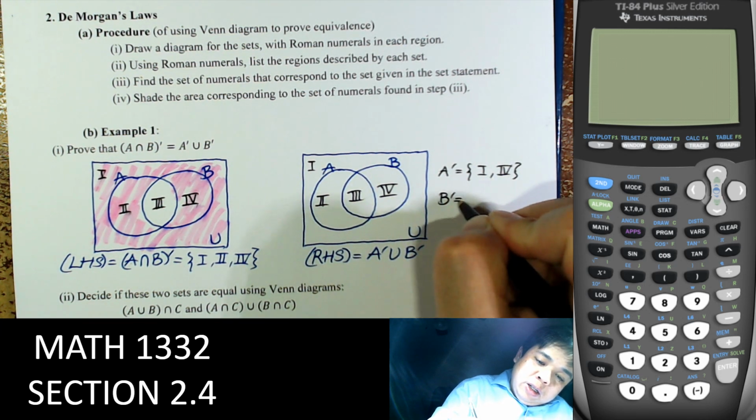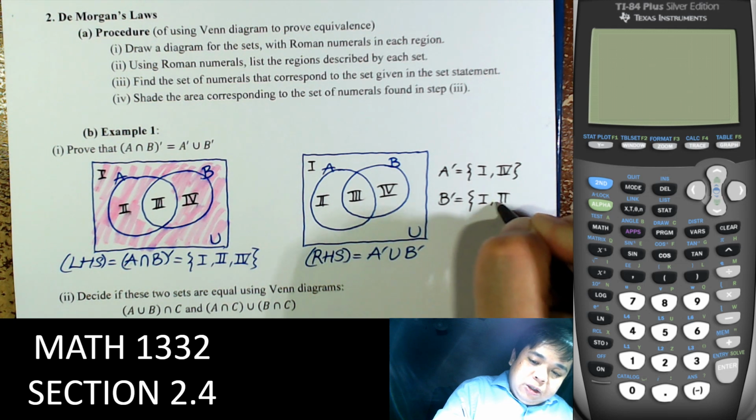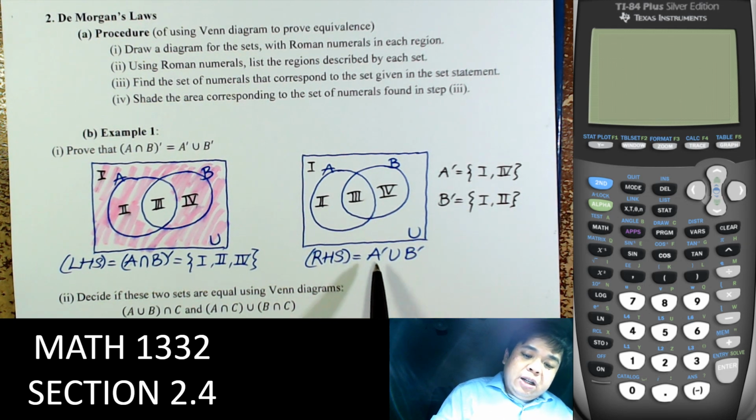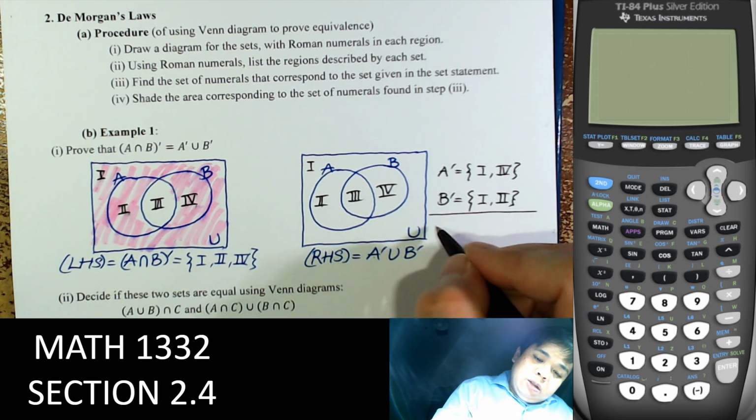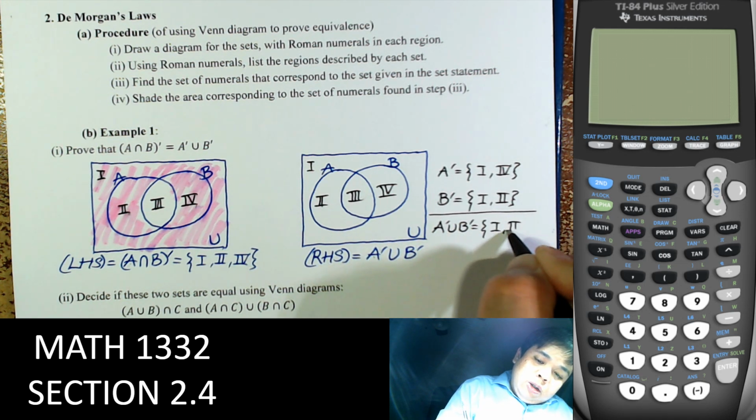B complement is not in B, meaning 1 and 2. And then A complement union B complement is 1, 2, and 4.